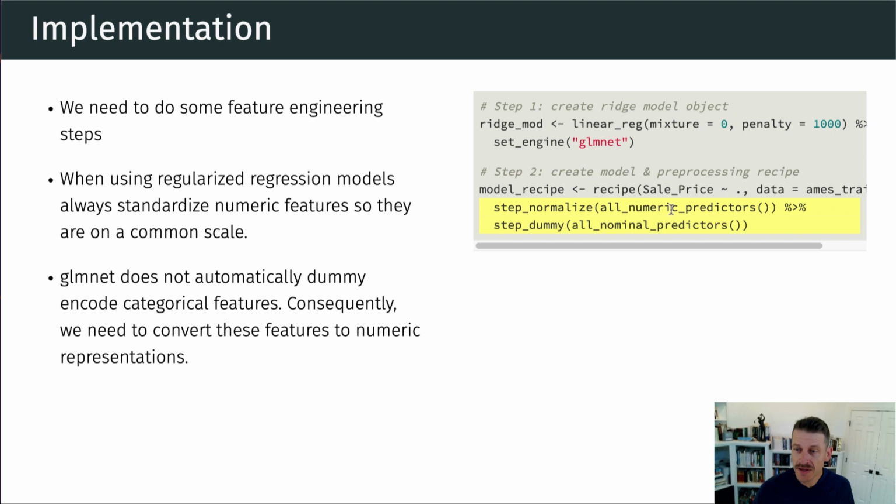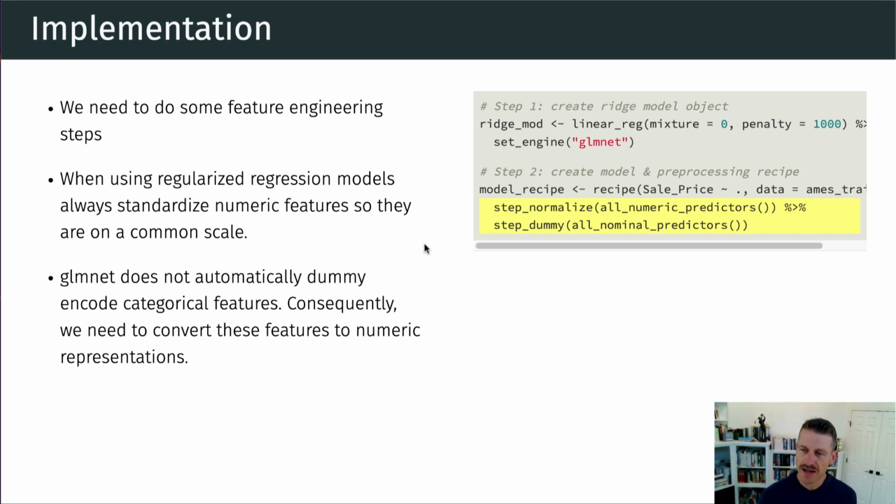Now, one thing to note is that since regularized regression is computed with some equation or summation of the coefficients, we need to make sure that the coefficients are all on a similar scale.